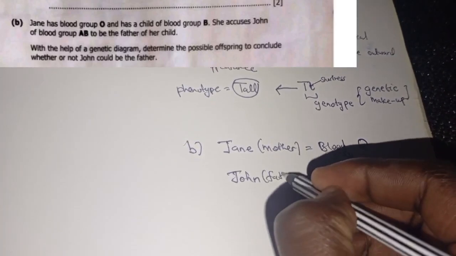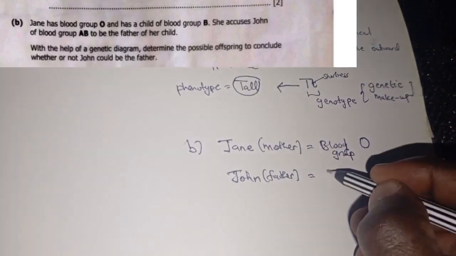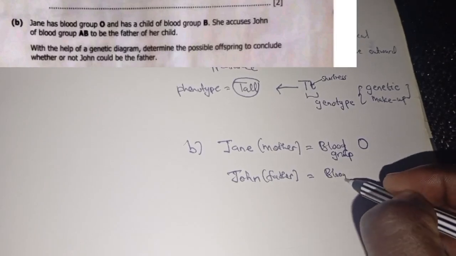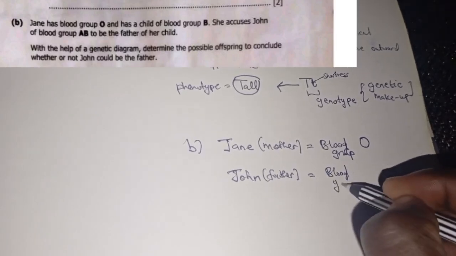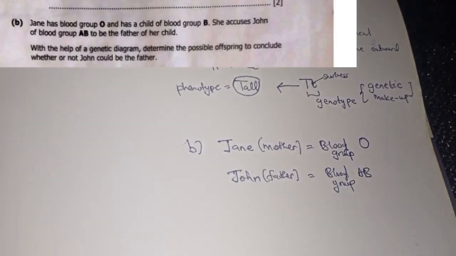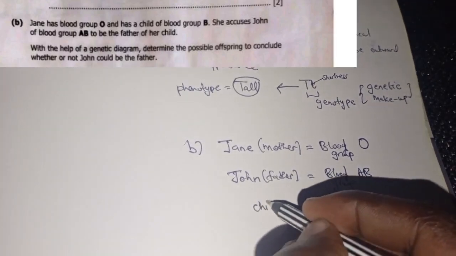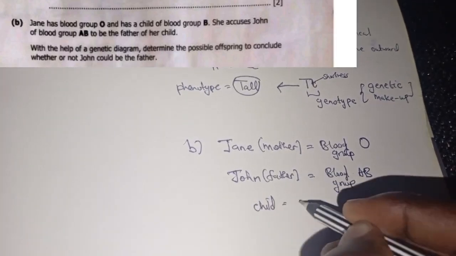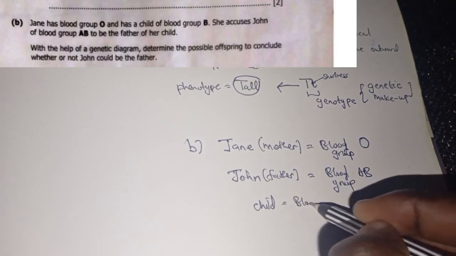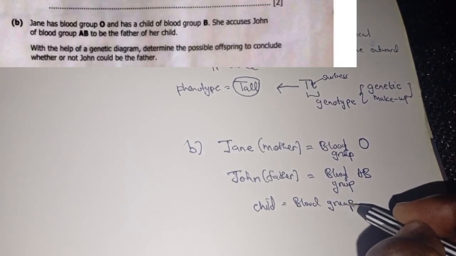John is being accused of being the father, and we are told John is of blood group AB. Then the child has blood group B.